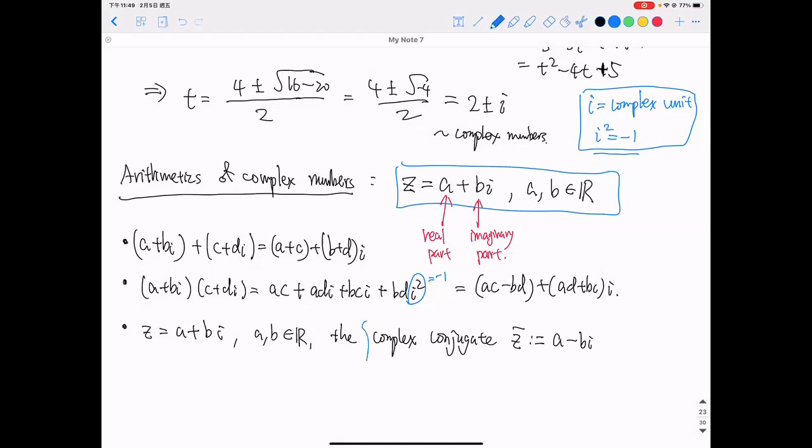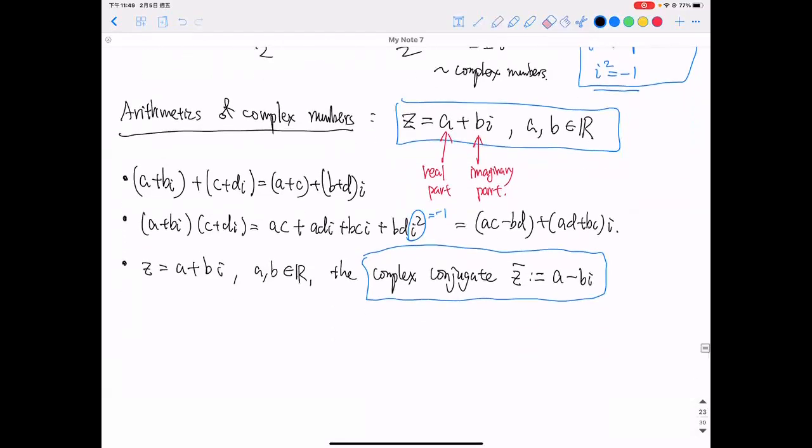Still a complex number. And you can easily check that the complex conjugate satisfies the following properties. The conjugate of z plus w is the conjugate of z plus the conjugate of w. That's one property. The conjugate of zw is the conjugate of z times the conjugate of w.